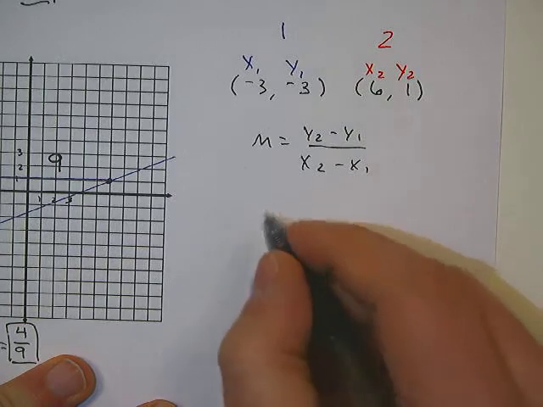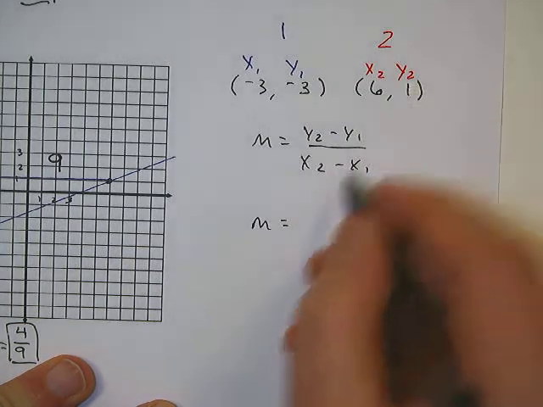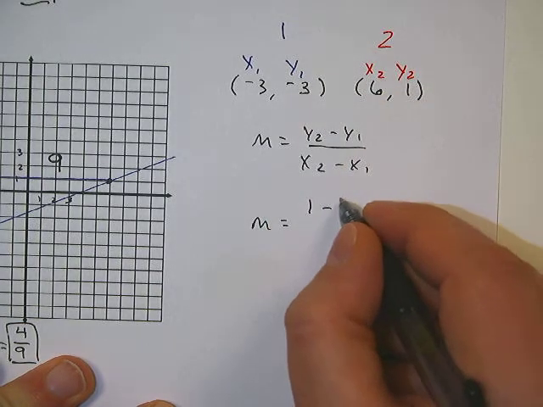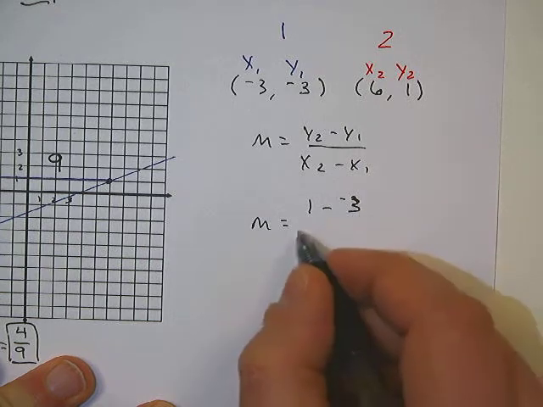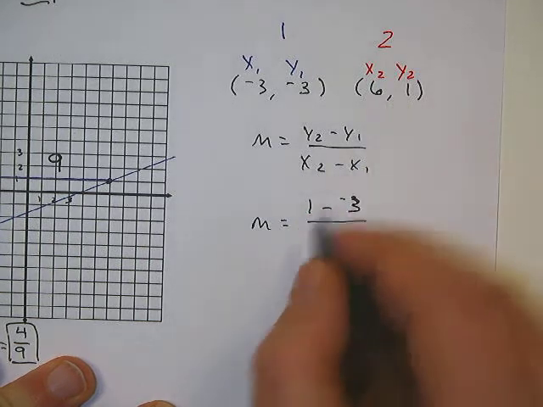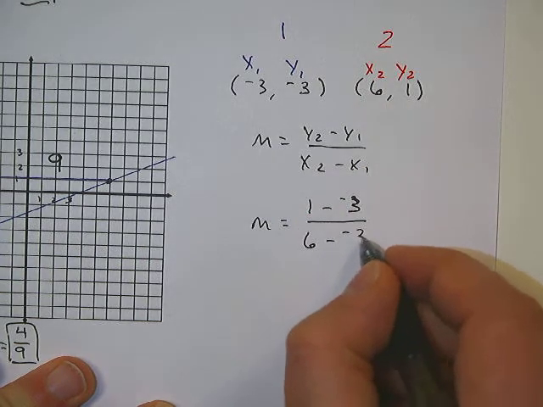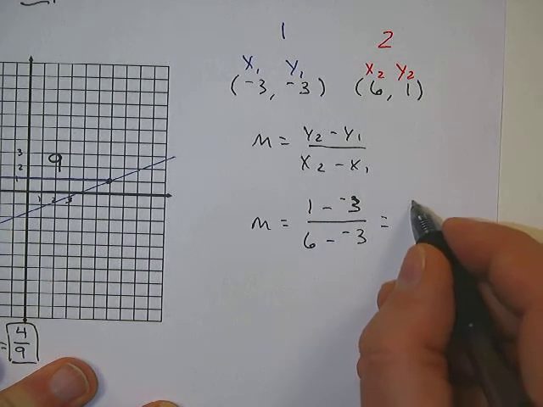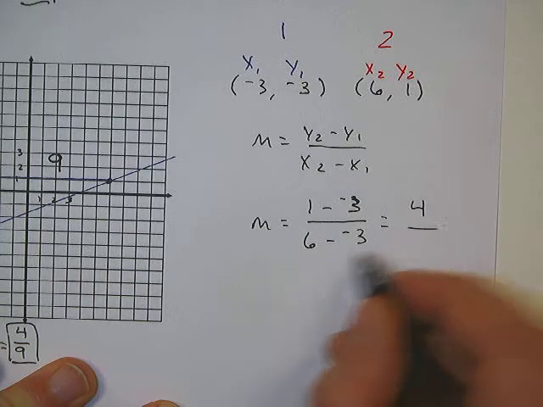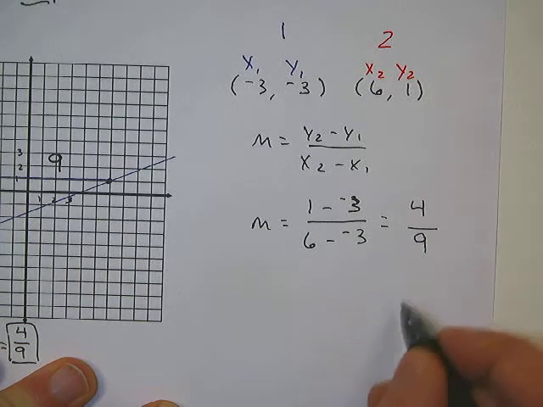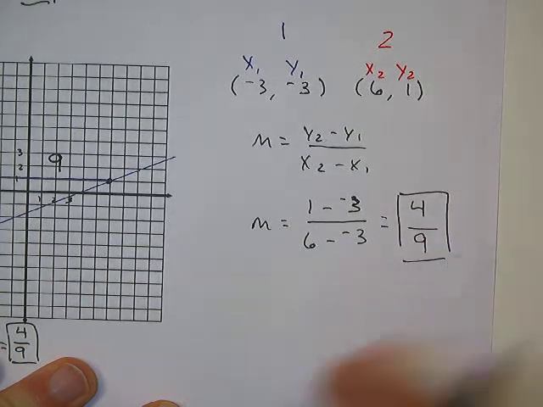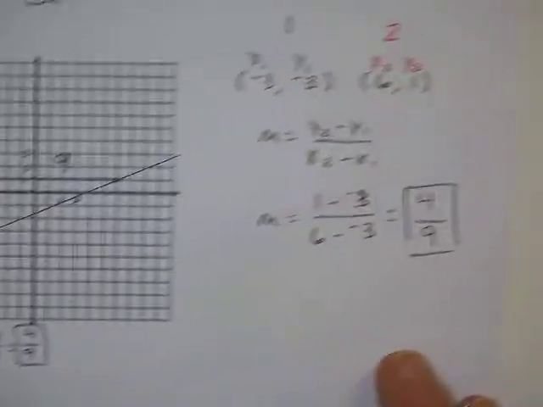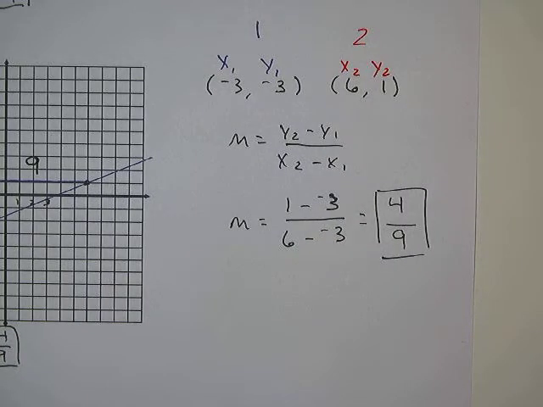So you recall m is equal to y2 minus y1 over x2 minus x1. Now we fill in. m is equal to y2, which is 1, minus a negative 3, then x2 is 6 minus x1, which is negative 3 again. 1 minus negative 3 is 4, because it's just like adding. And 6 minus negative 3 is 9, because it's just like adding. And again, we got the same slope that we got when we calculated it from the graph.